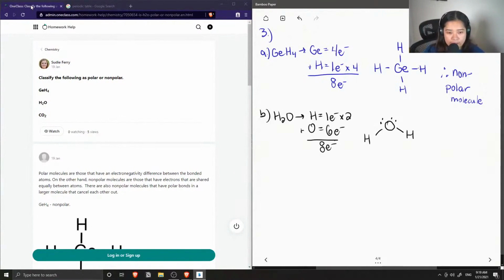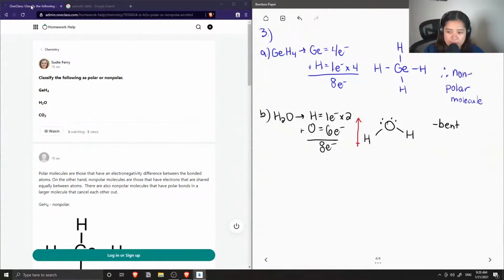Now notice that we have this bent structure, so it's not linear. And also, oxygen is more electronegative than the hydrogens, so we are going to see a dipole moment going towards the direction of oxygen. Because of its bent structure, it doesn't cancel out.